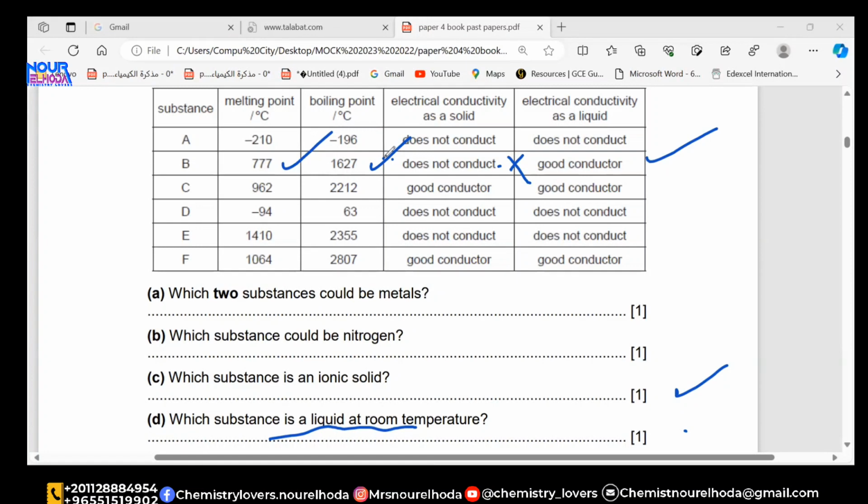A liquid will have high boiling point and low melting point. It has what?